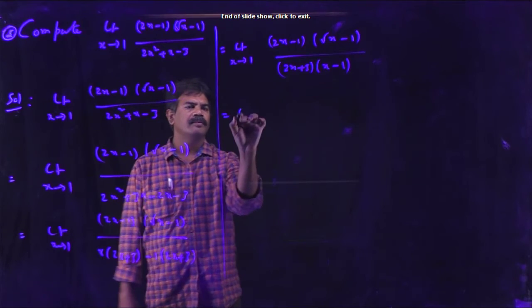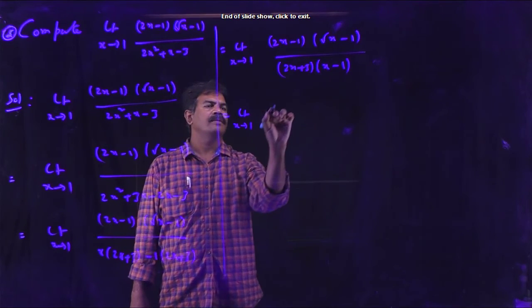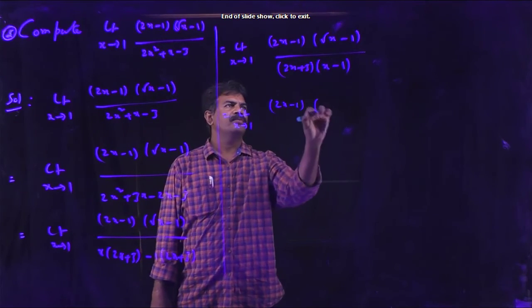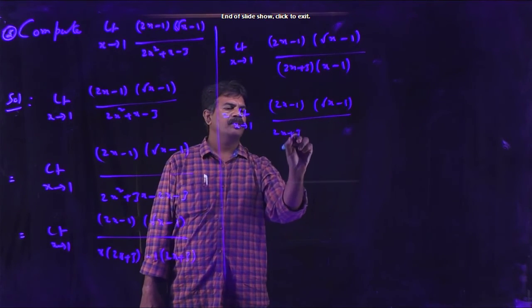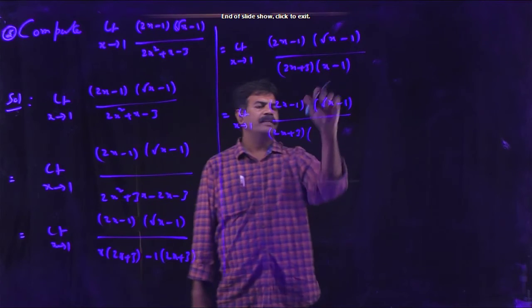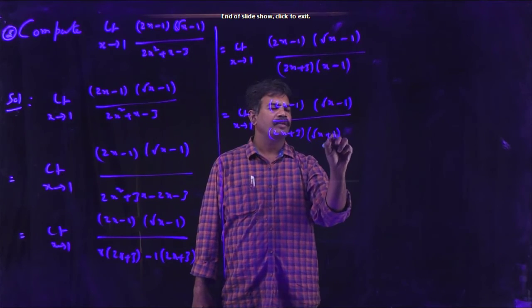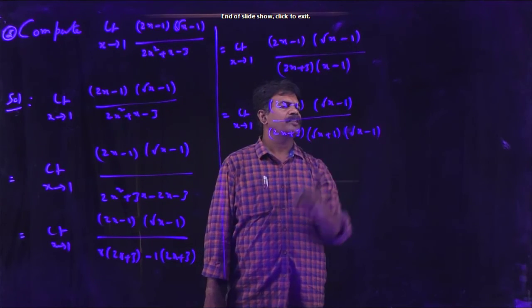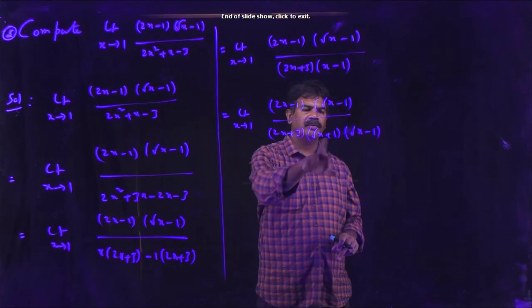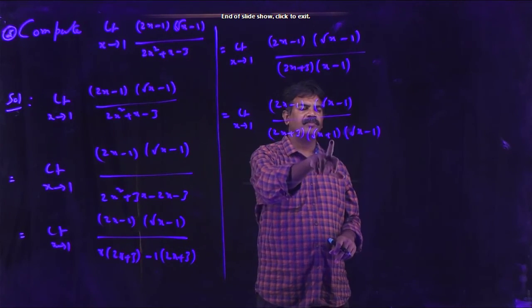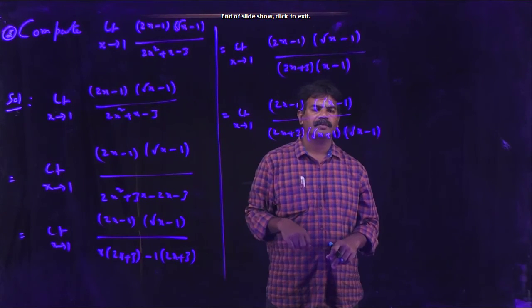That is equal to limit x tends to 1, 2x minus 1 into root x minus 1 by 2x plus 3 into, we can write it as root x plus 1 into root x minus 1. A plus b into a minus b is a square minus b square, that is root x into root x is x, plus 1 square, 1 square means 1.